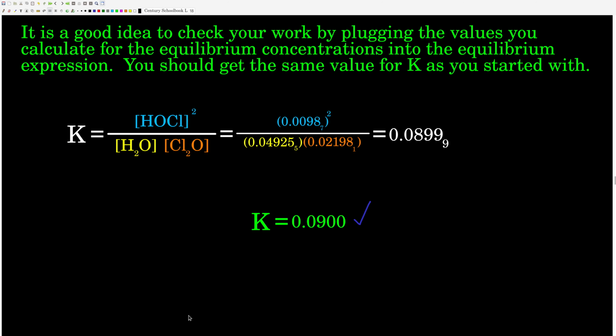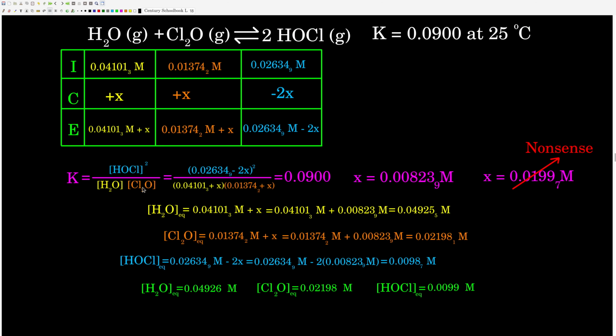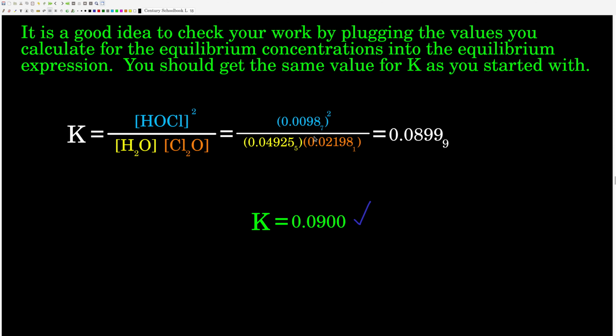Now, this is a good habit. You guys should get into this habit. You can check your work really easily, and a lot of times if you made a mistake, you'll catch it this way by just plugging the values that you calculated, so these values down here, into the equilibrium expression, and making sure you get pretty close to the same value of K that you were originally given.